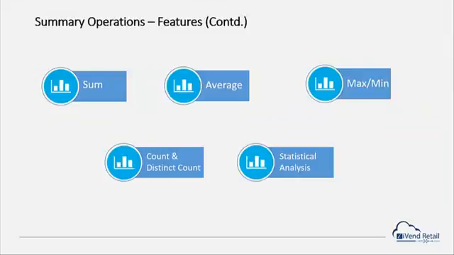Then we have summary operations. You can perform summary operations at report level, group level, column, page level, any level you want. And some of the aggregate functions which you can use are sum, average, maximum, minimum, count, first, last, and the list is never ending.